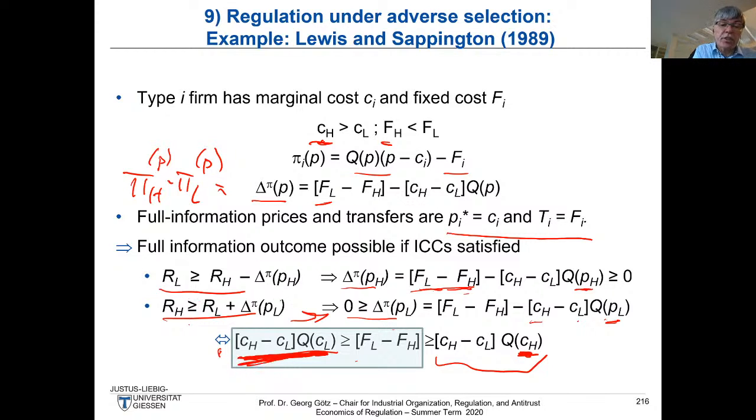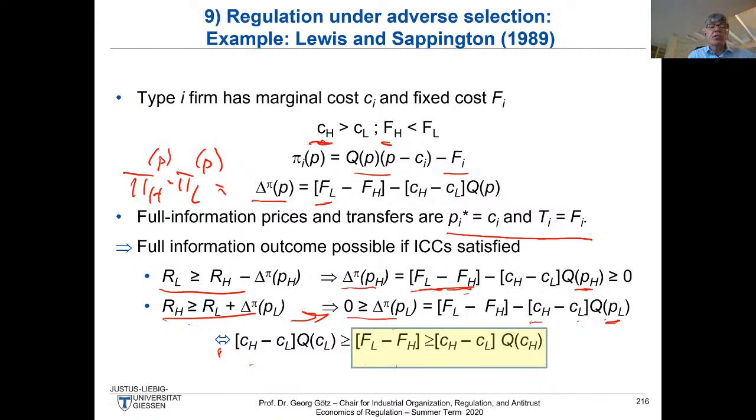And this loss, and now I'm back again here, the point is they are very similar, these two conditions. This loss must be greater than what you gain in terms now of the higher transfer. You claim to be a low type, so you receive the high transfer, even though you have only the small cost. And here is what you see, your loss is greater than your gain in terms of the higher fixed cost transfer. And on the other side here, and that's where I should have looked into my notes probably.